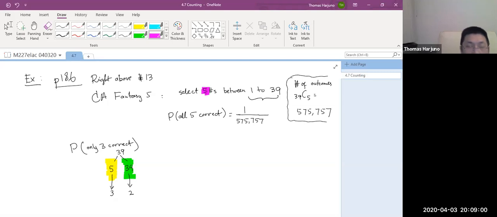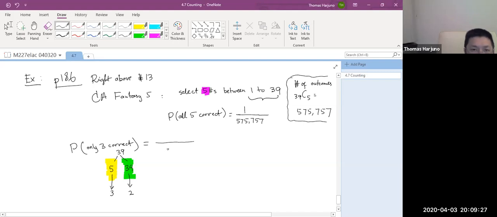To be honest with you, getting 3 correct is actually a big deal. You don't need to get the jackpot, all 5 correct, to win some money. If you hit 3 correct, you get some money, and I think it's pretty big money already, because you will see the probability is very small.